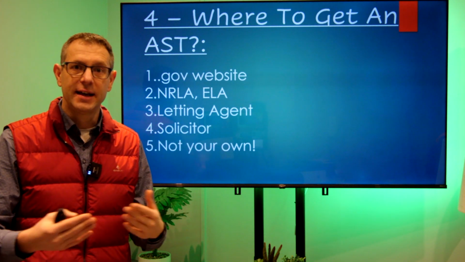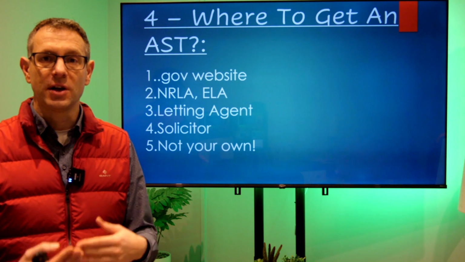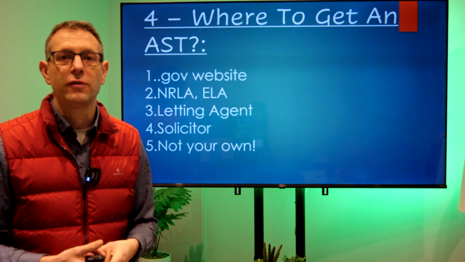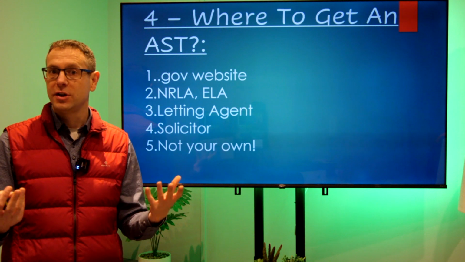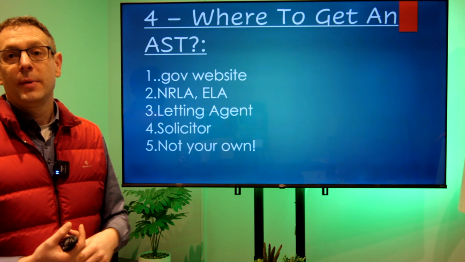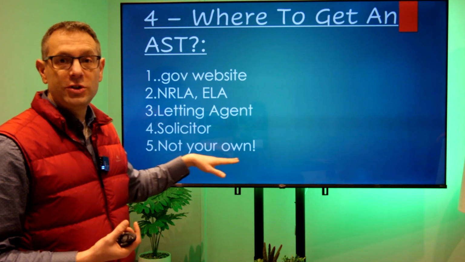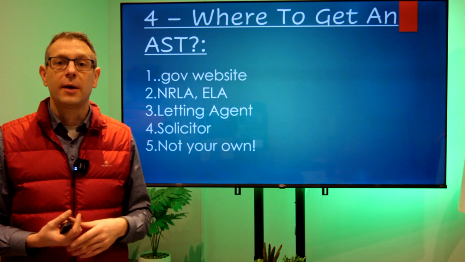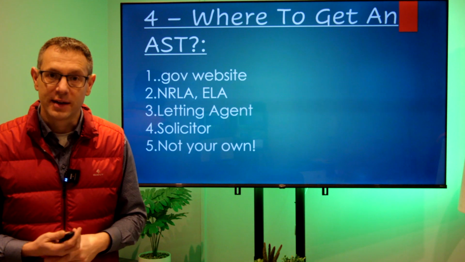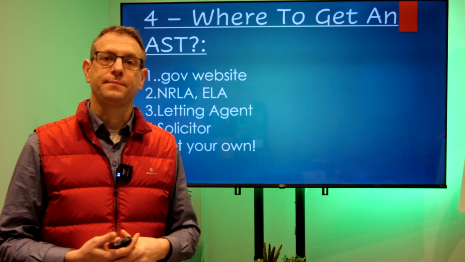Obviously, letting agents send contracts all the time. They have a very standard, tried and tested set of tenancy agreements that you can use. A solicitor can draw one up for you. But the point to note here is please don't use your own. It's worth going to a solicitor, letting agent, NRLA or government website to get your tenancy agreement.